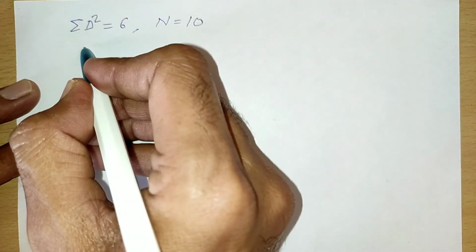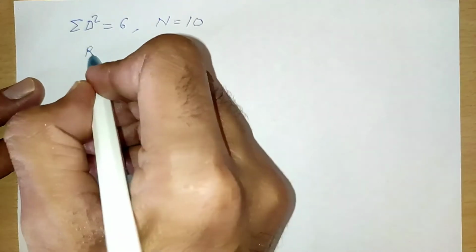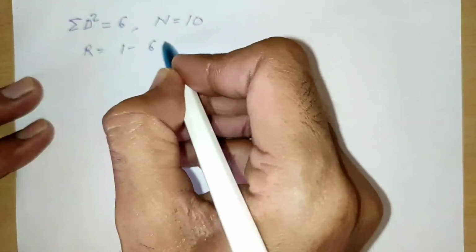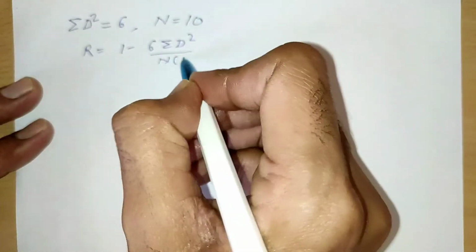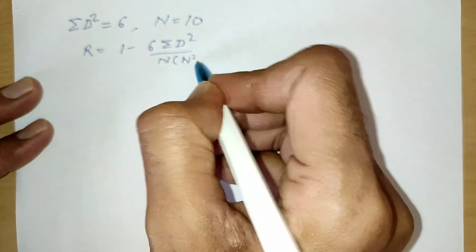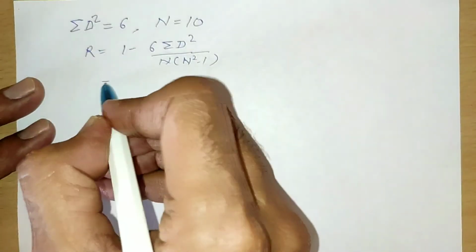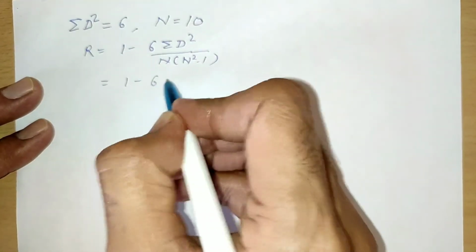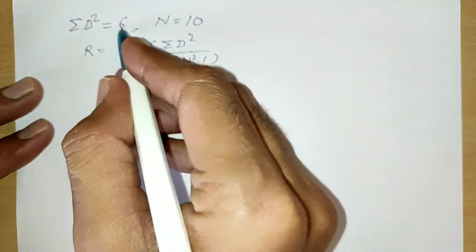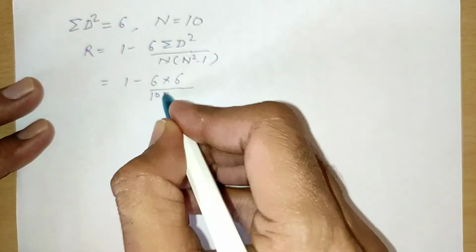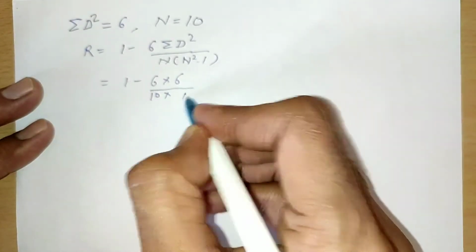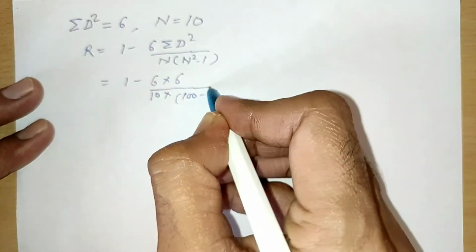According to Spearman's rank correlation formula, R equals 1 minus 6 times summation d square upon n times n square minus 1. So it will be 1 minus 6 times summation d square, which is 6, already calculated, upon n, which is 10, times 10 square minus 1, that is 100 minus 1.